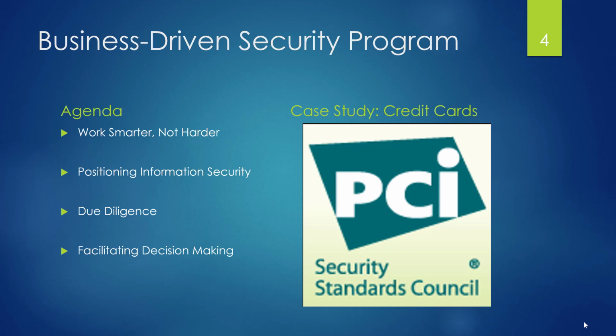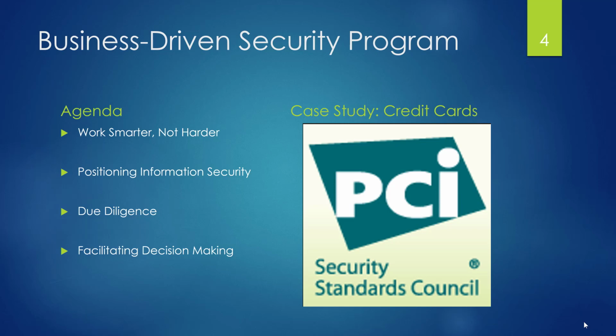And a good example of this is to go and look at how PCI, or the Security Standards Council, as it relates to credit cards, addresses risk. So if you're a very small vendor with a very small transaction amount and a very small dollar amount associated with those transactions, then the security required is just a baseline security.